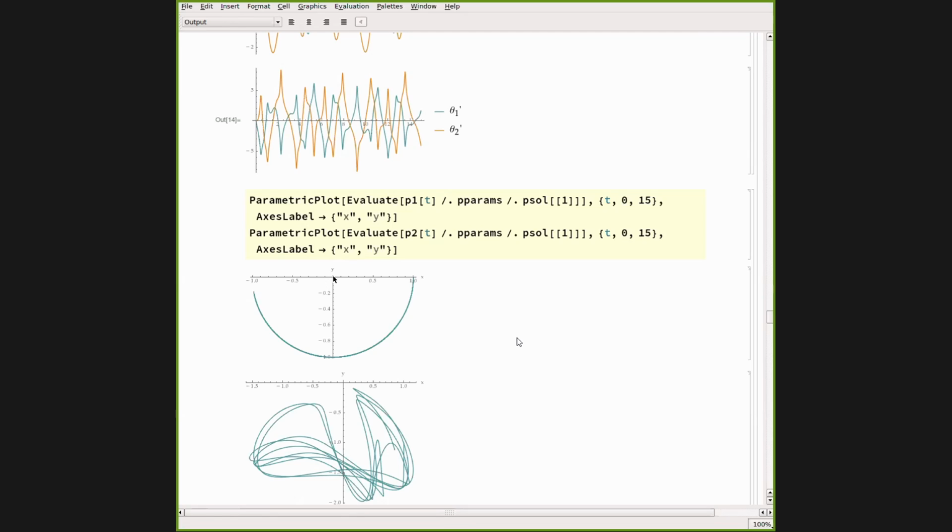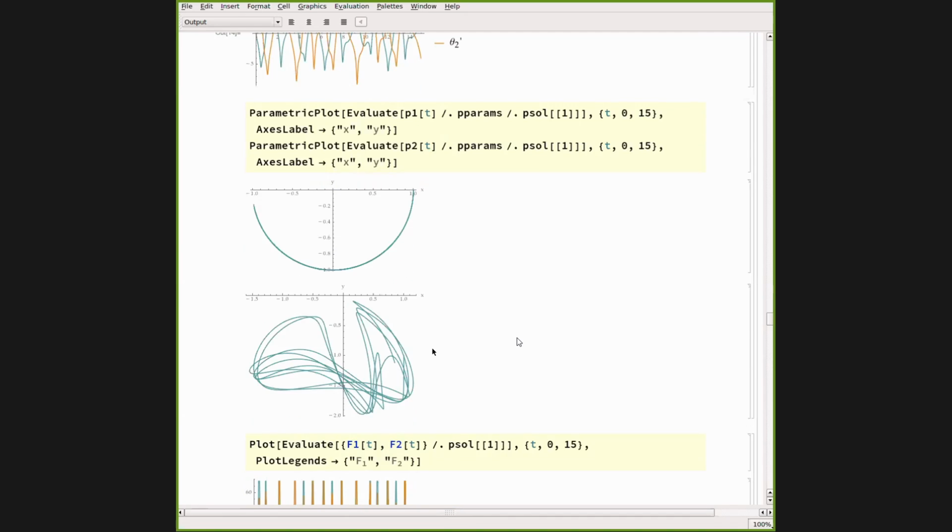The only thing the mass M1 can do is rotate around the point where the pendulum is hanged. And when you look at mass number 2, you see that the track is much more complicated, because mass number 2 moves with respect to the actual position of mass M1.